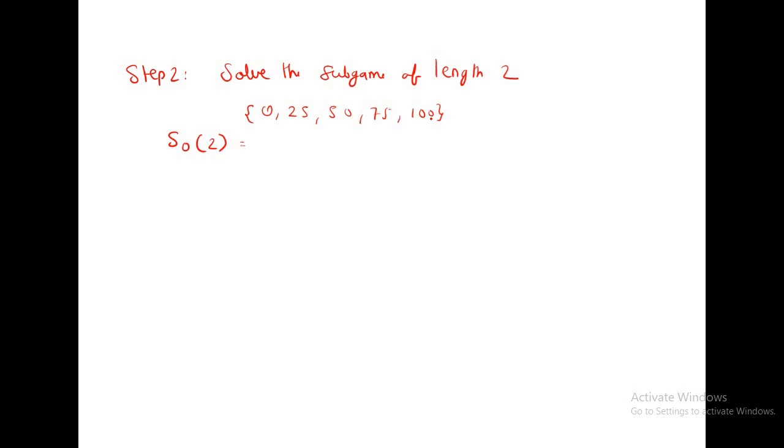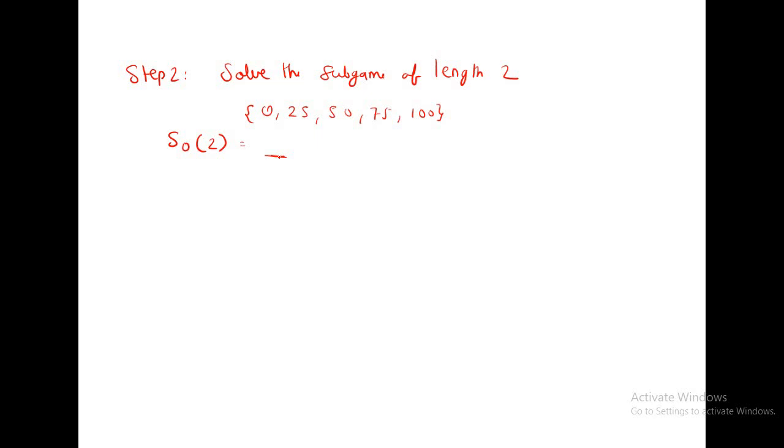These are the actions for the player 2. Now what is the output here? To find out the output of S02, we need to first consider the strategies of player 2.